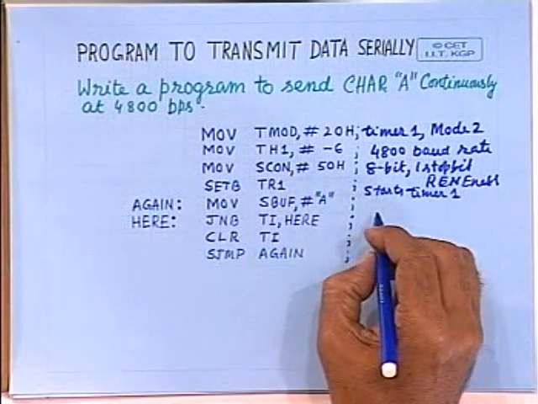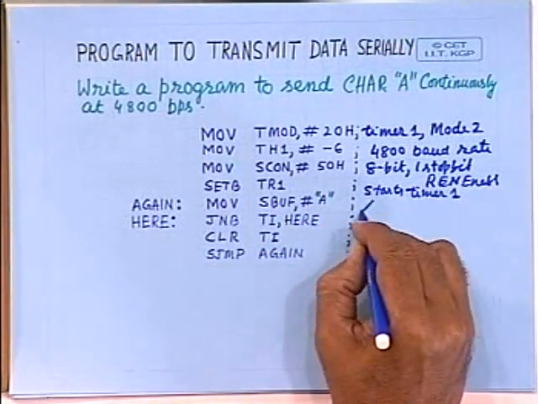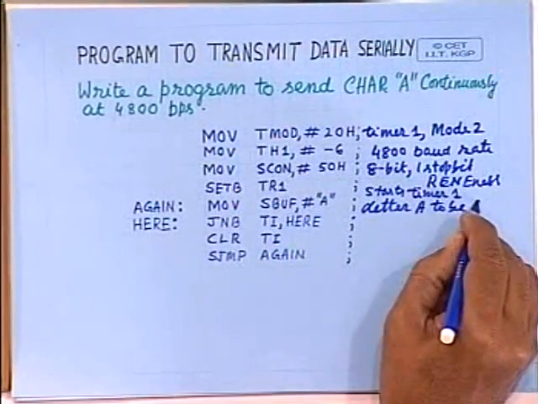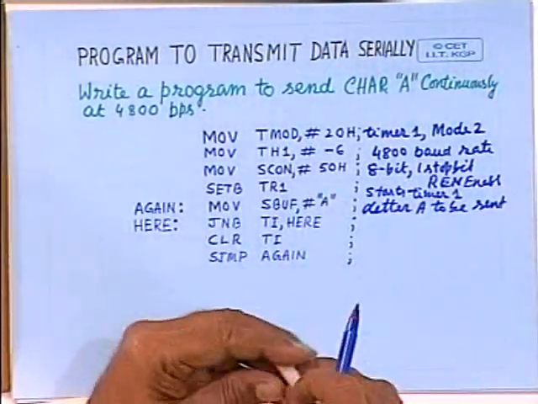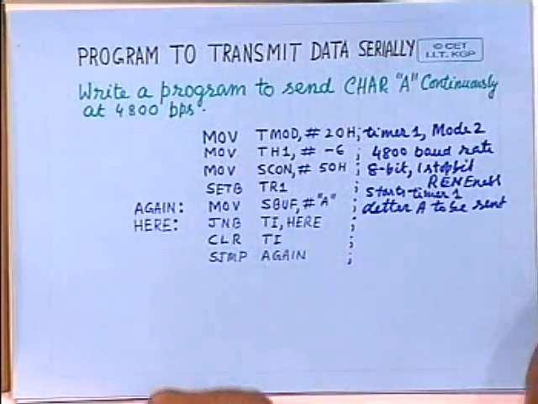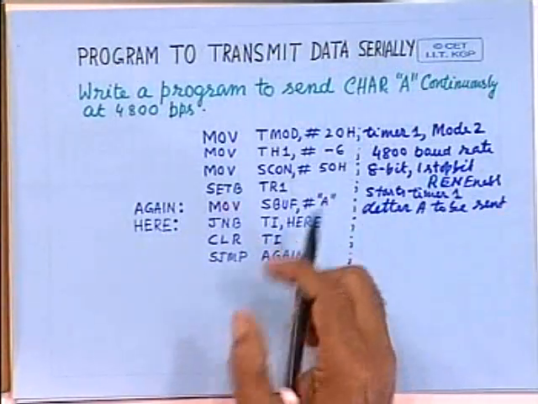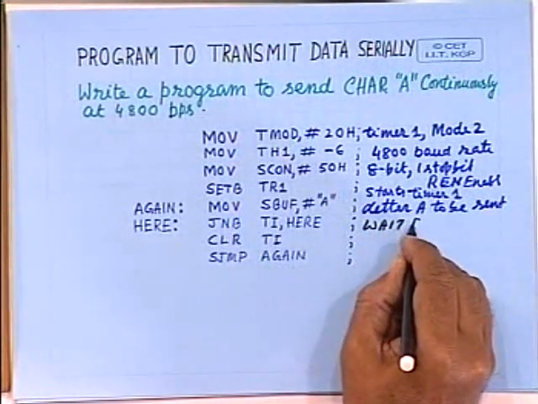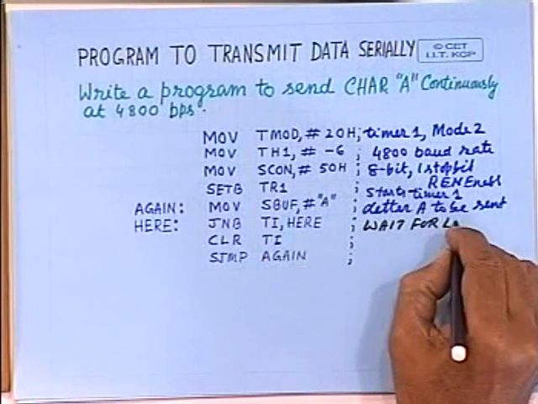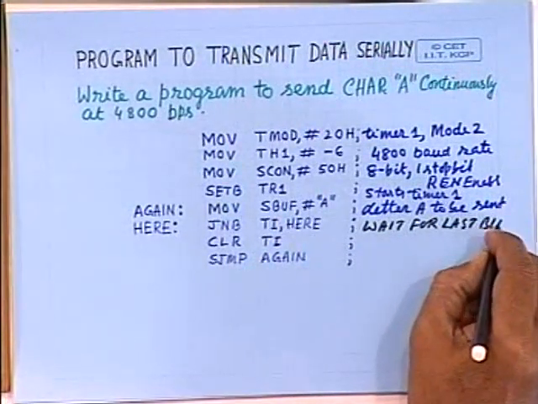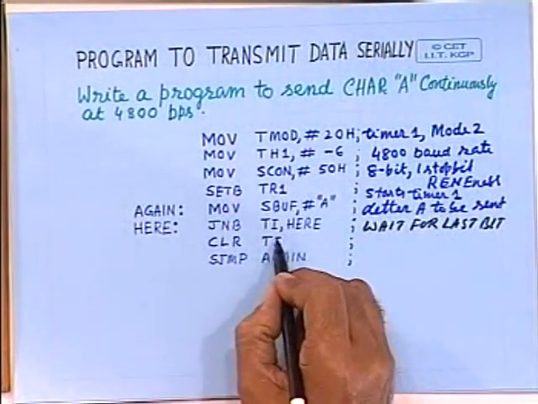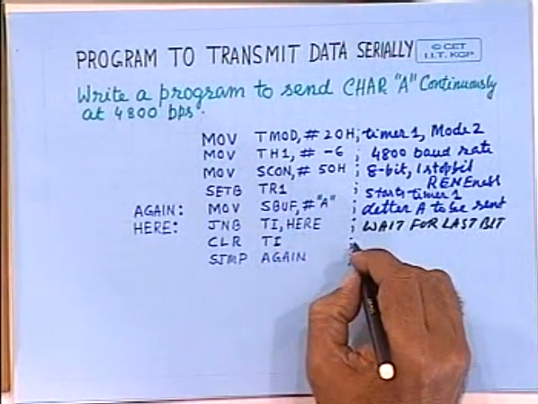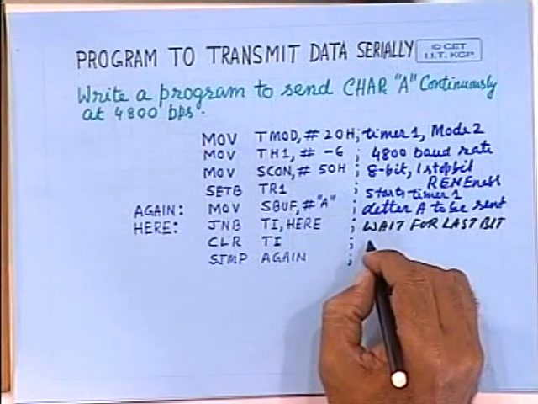That means here letter A is to be sent, and this particular instruction, as I told, waits for the last bit. After the last bit has been transmitted, this bit will become 1, and by clearing it, it makes it ready for the next character.